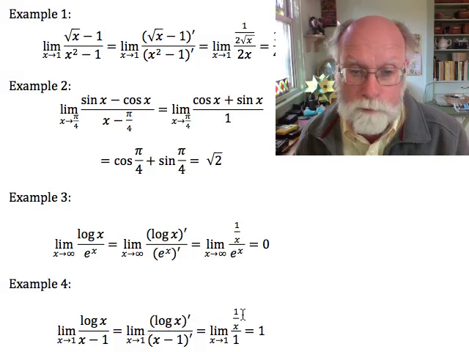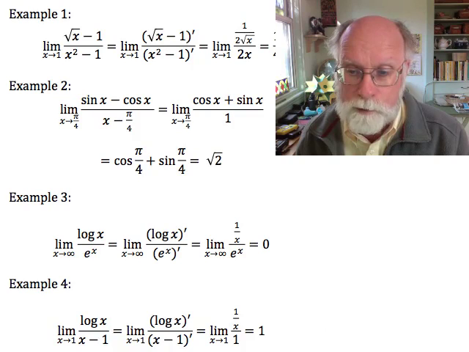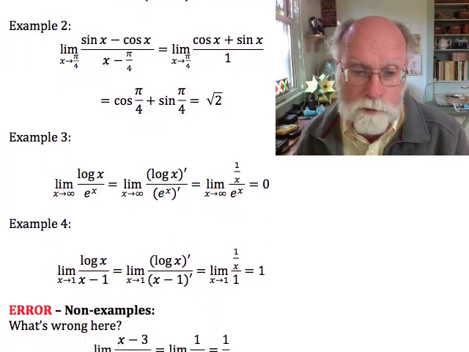We take derivatives. We get the limit as x goes to 1 of 1 over x over 1, and so the limit is 1. So that is L'Hopital's rule and how it works. And we have to check that we can apply it, and then it's straightforward to apply it.